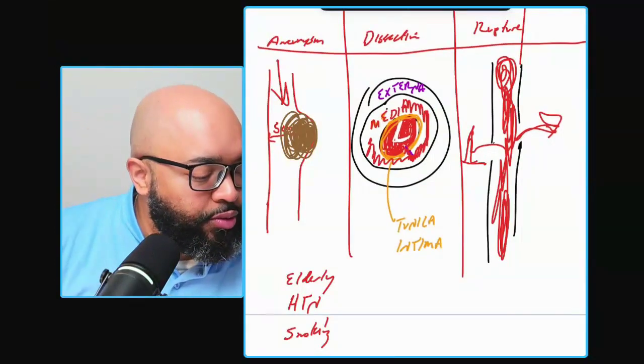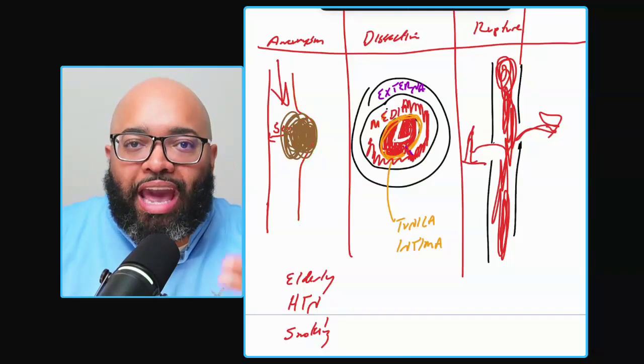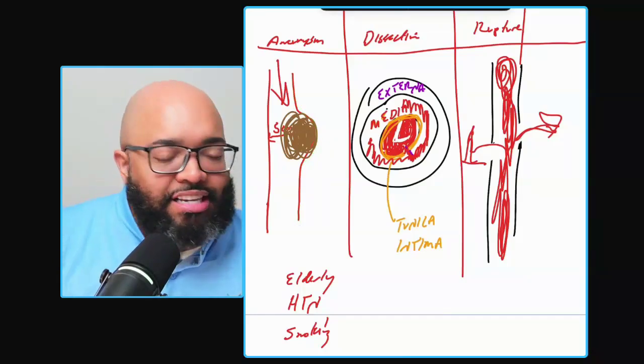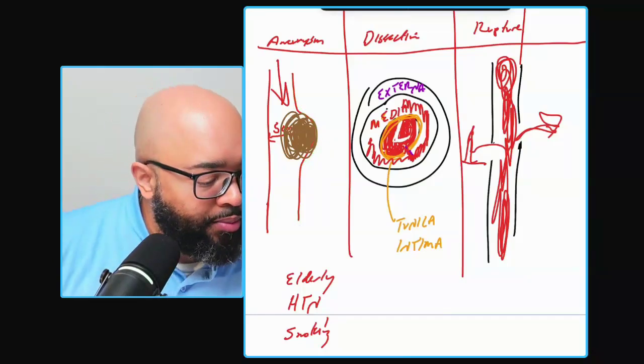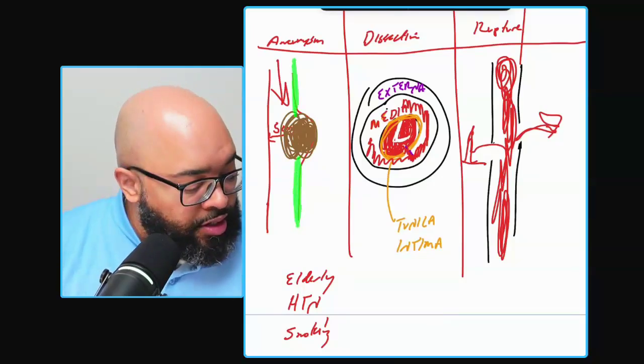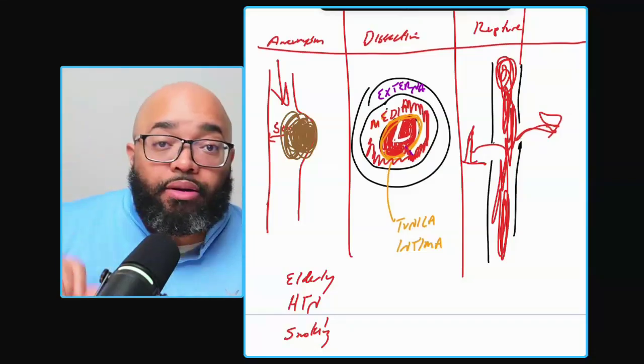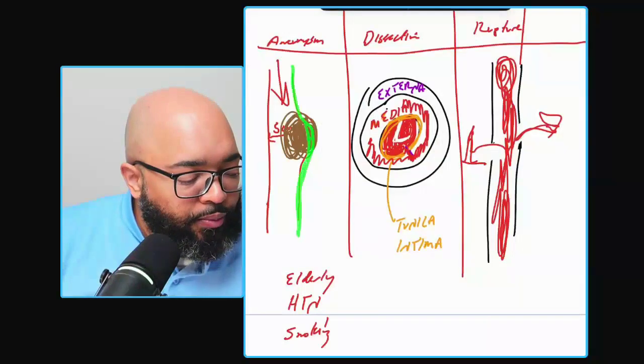And the reason it bulges out first, I mean, yes, you can have an occlusion, but that's not the first problem. The first problem is there's high pressure in the wall, because remember, they have high blood pressure, and that extra pressure starts pushing on the wall and pushing it out. But when you push on the wall, it thins the wall.